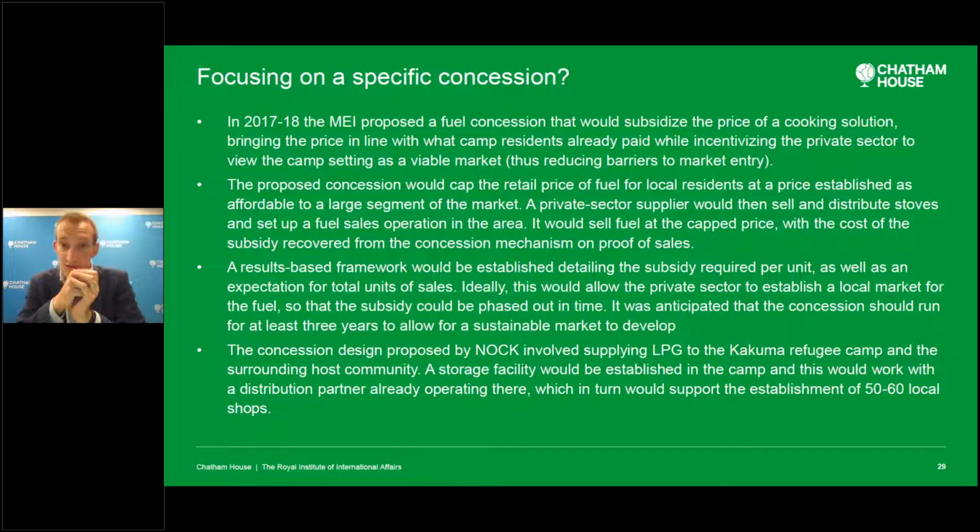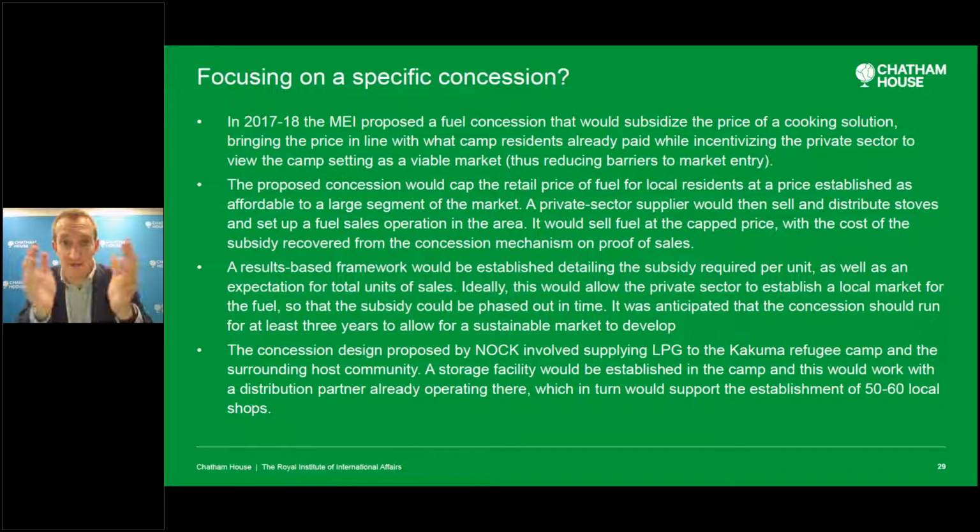And this is obviously going to cost a lot of money, but the idea is to transition away from the current scenario to a situation where residents are able to pay in a more sustainable way over time. And I won't say any more than that because I'm really running out of time here.